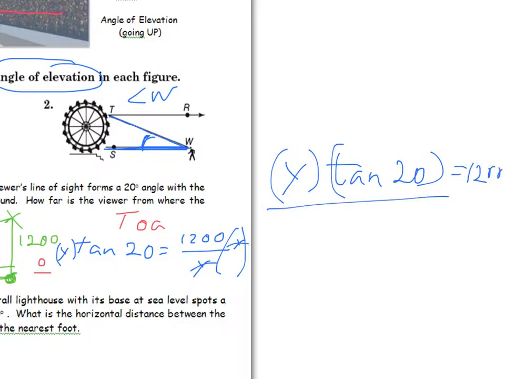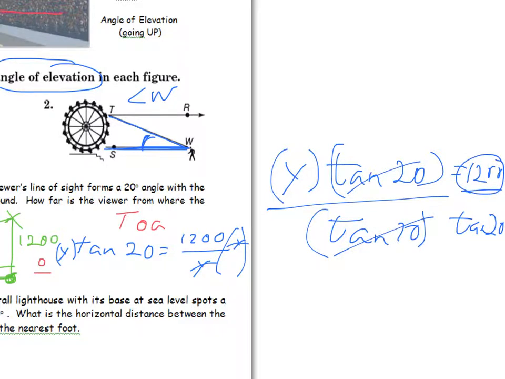We would divide, because we want to isolate the Y, by tangent 20 on both sides. So Y equals 1,200 divided by tangent 20. And when we do that, rounding to the nearest whole number, we would find that the length from the person to where the balloon took off would be 3,297 feet.